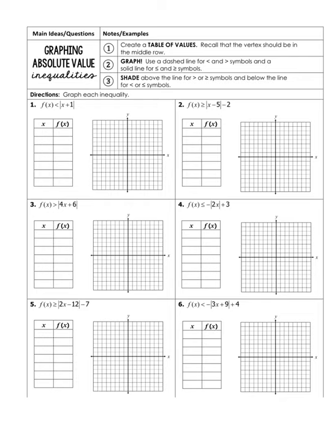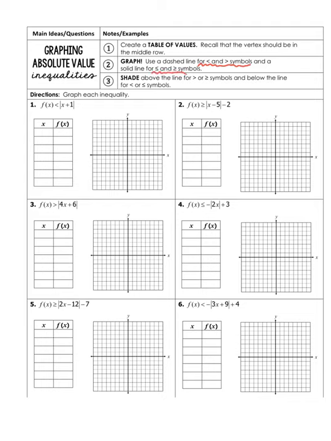All right, graphing absolute value inequalities. So the steps to find the vertex are the same as graphing absolute value. There are two things you need to check. One is whether the symbol has an equal bar or not.